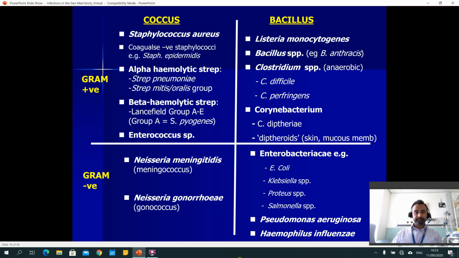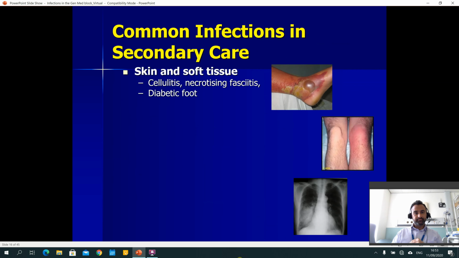So hopefully this has given you a good rough breakdown of the common organisms that you're likely to see. I want you to grasp some of these and start to recognize them as something you'll see more frequently as you go on. And if I was to ask you about potential differential diagnoses, you should refer to this page as your potential cause for causative organisms.